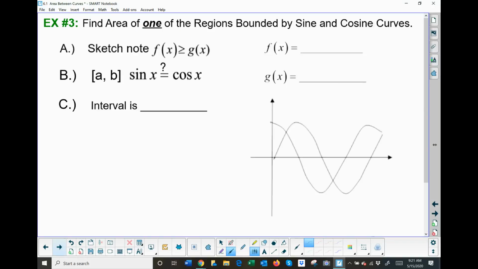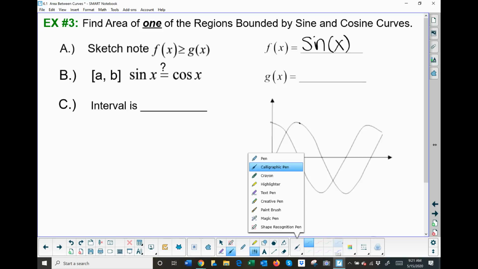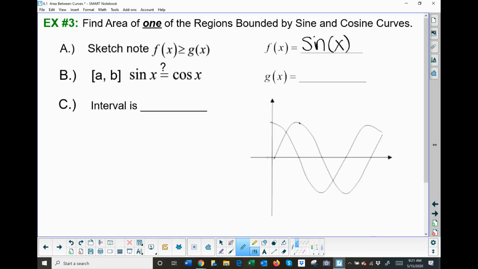All right. And finally, the last example is find the area of one of the regions bounded by the sine and cosine curves. Let's identify which is which. I'm going to call my upper function sine x, so this is f of x.